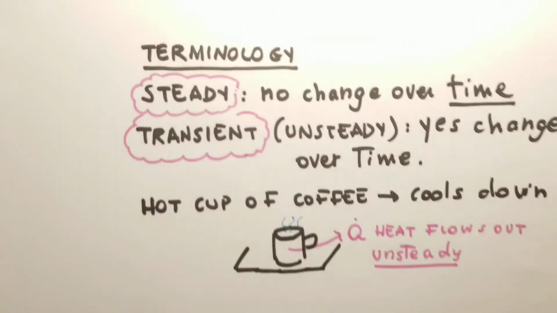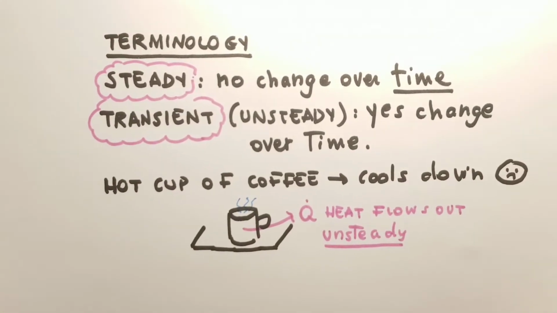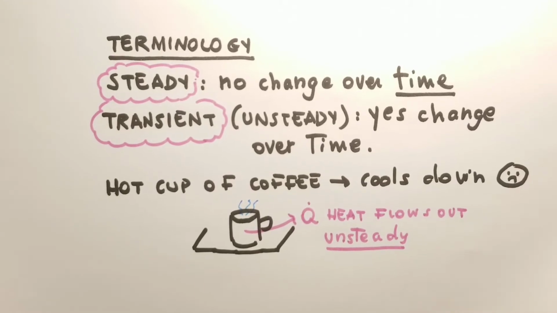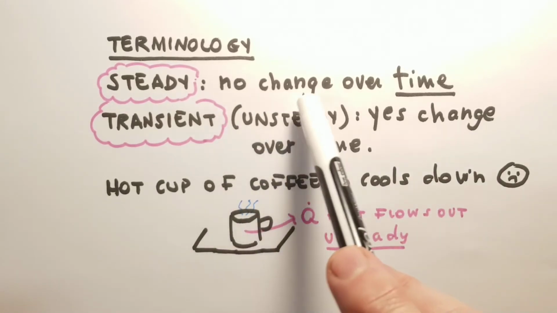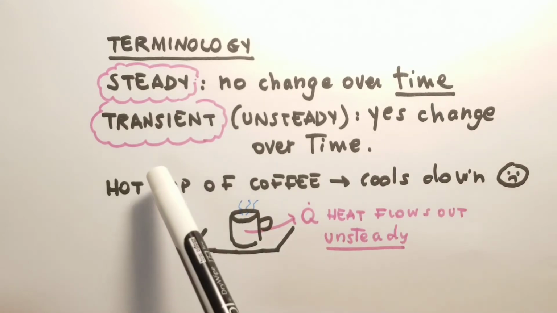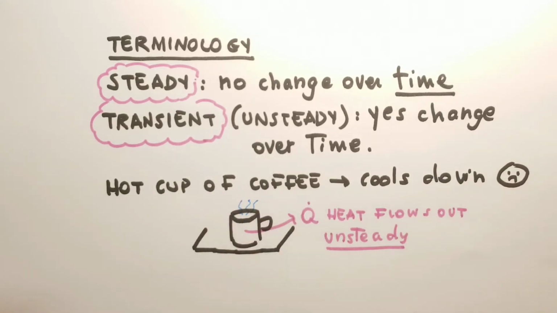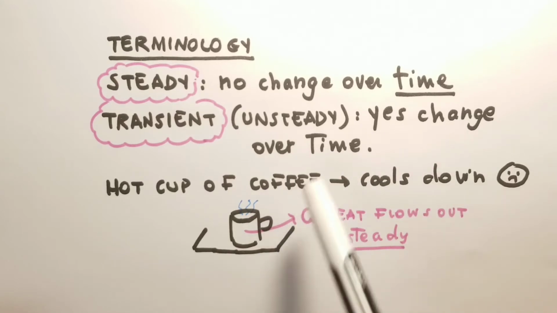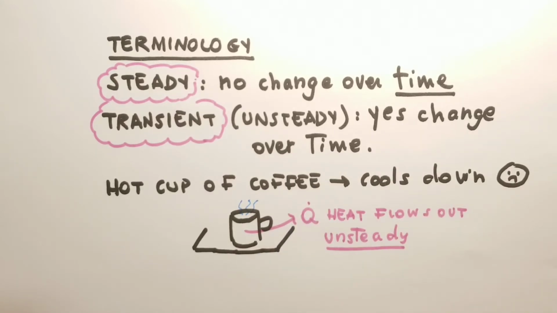It is now important to define some terms. We'll define a problem to be steady when the heat transfer and so the temperature do not change over time. Whereas we define a transient problem or unsteady problem where instead there is a change over time.